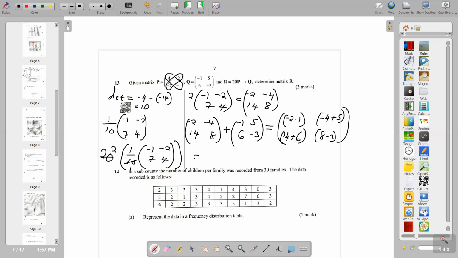So your answer is -3, 1, 20, 5. Now that is your matrix R.